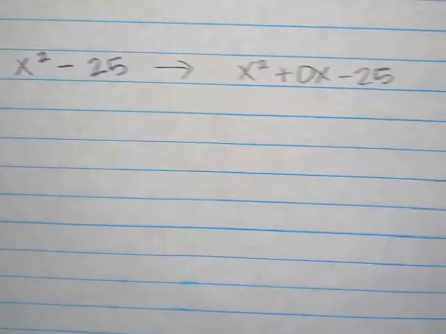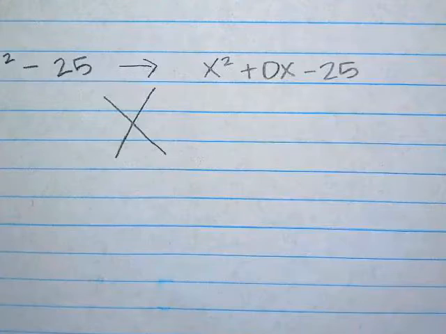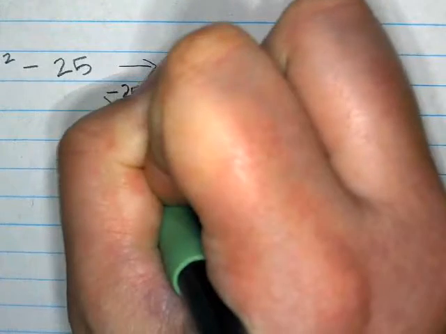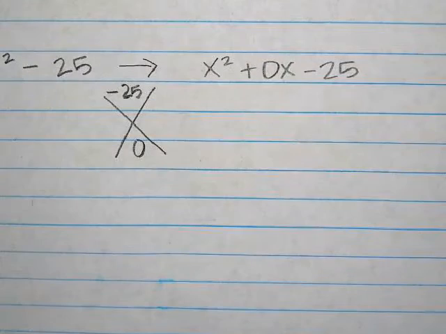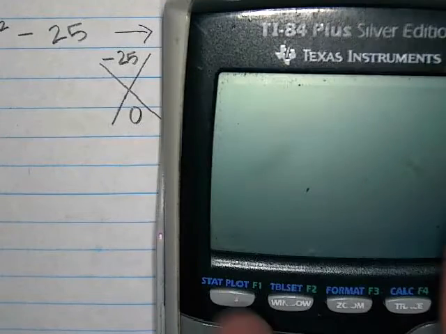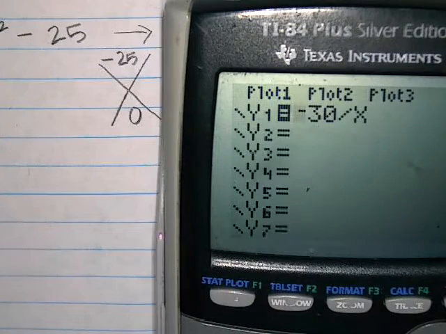And then if I do this one the way that I've been doing the other ones, I'm going to say what multiplies to negative 25 but adds to 0. Does anybody know what it is?